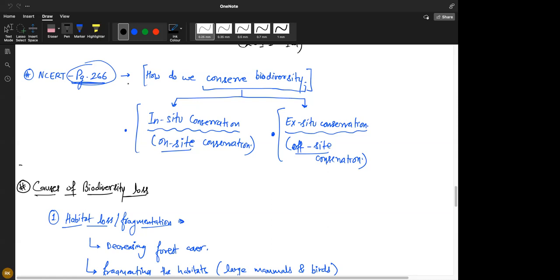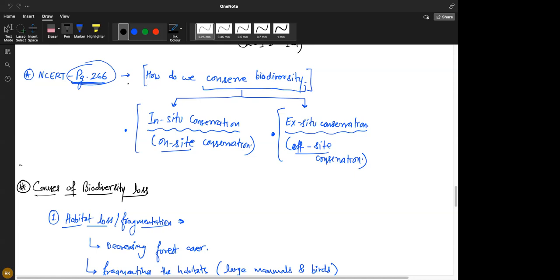In ex situ conservation, there are other methods also used. For example, in the case of the white northern rhinoceros, the last male of the species died in around 2022, if I'm not wrong, 2022 or 2021. What scientists did was preserve that male's sperm before it died, in the hope that there are still a few females of that species alive, but they are still very young.